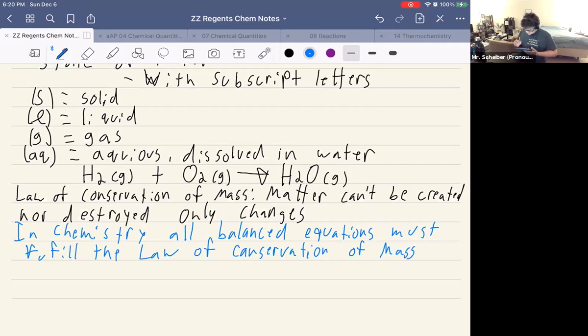This one we can tell doesn't. How can we tell that? Well, let's take a closer look at it. I'm going to recopy it down. You can too if you want.